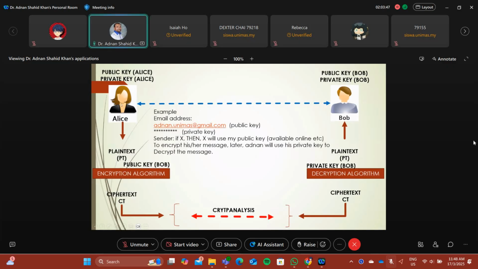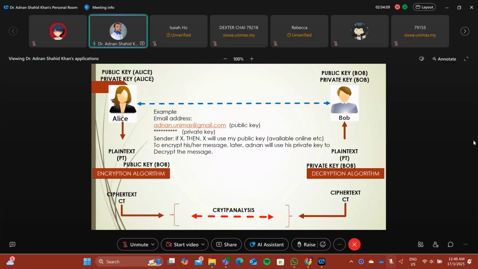Suppose Alice has a public key and a private key, and Bob has a public key and a private key. For asymmetric, both parties or any communicating parties must have a public key and a private key.